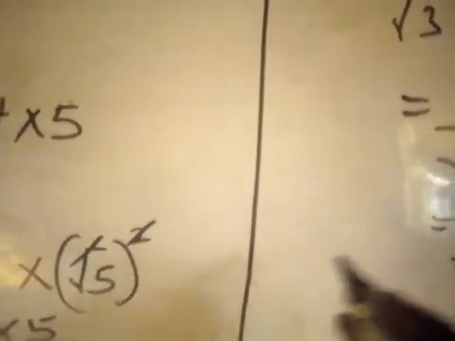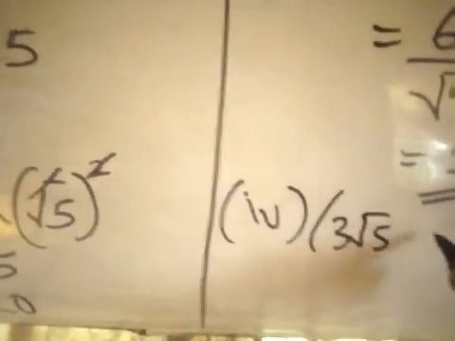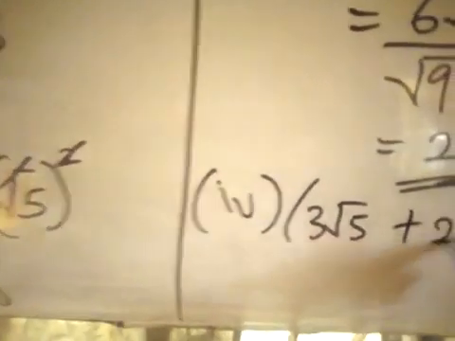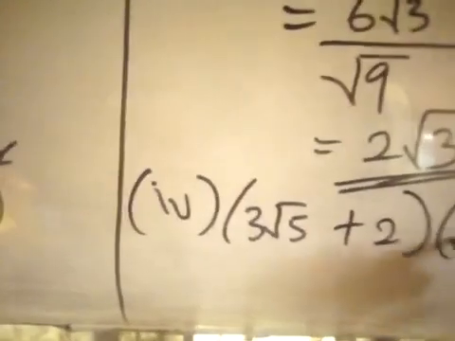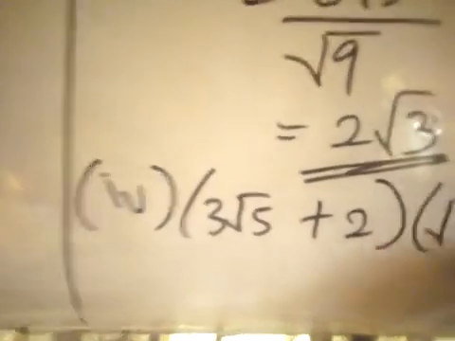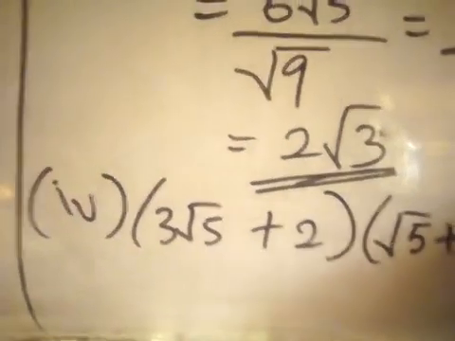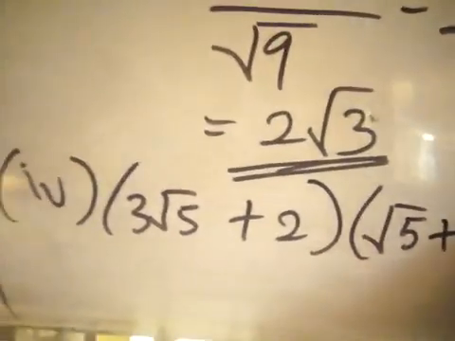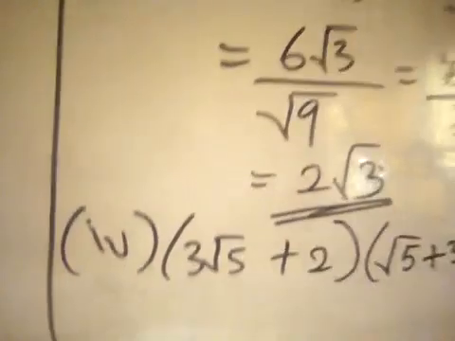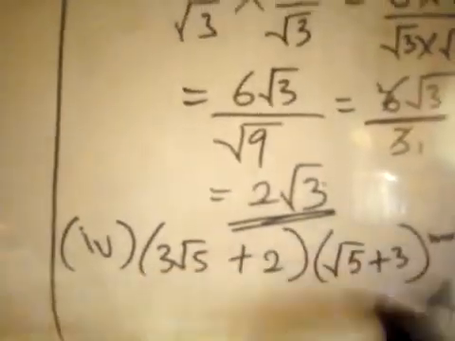So let's move on to this. Then we have 3 root 5 plus 2, times root 5 plus 3. This is multiplication of surds.